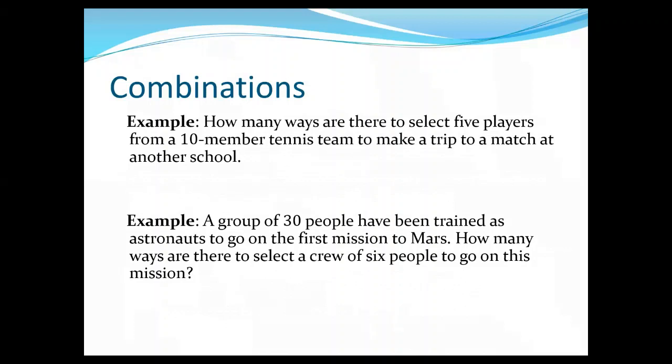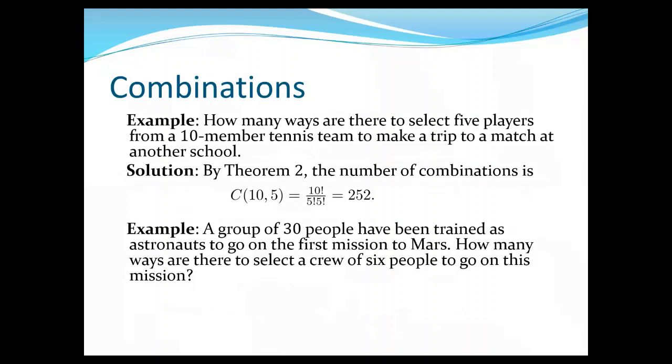And what is the combination of those 5 players? Using the formula, n factorial over r factorial times n minus r factorial, n factorial divided by 5 factorial times 5 factorial, the result is 252.